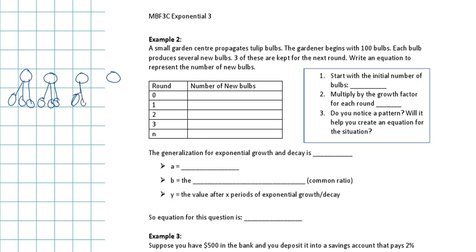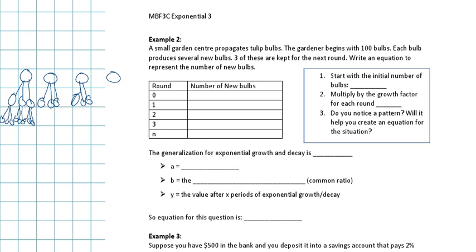Right? Yeah? And then in the one after that, each one of these is going to produce 3. So how many would I have? 900. You see what the question is telling you?